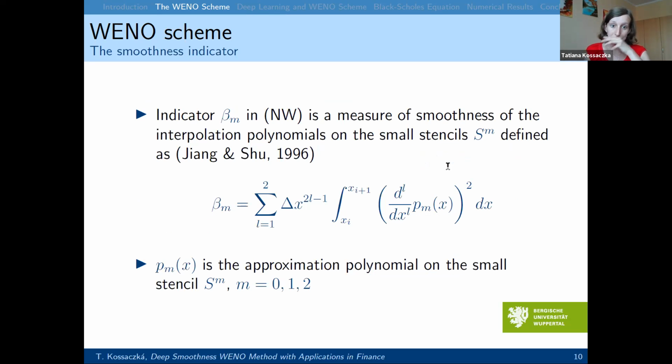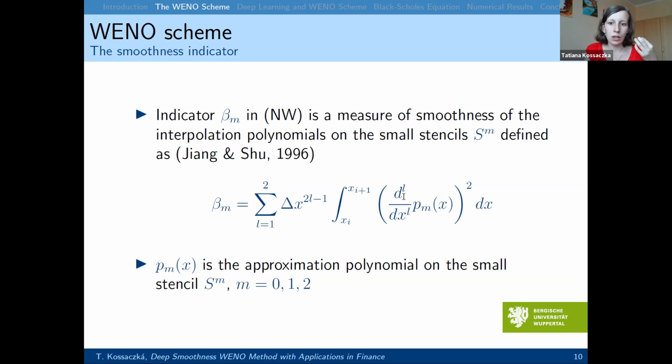And how these betas were actually defined, it was done in 1996 by Jiang and Shu, and they defined it in this way. As you can see, here is this sum from 1 to 2, and here are some derivatives of P_m, and P_m is the approximation polynomial of a flux function on the small substencil S_m.